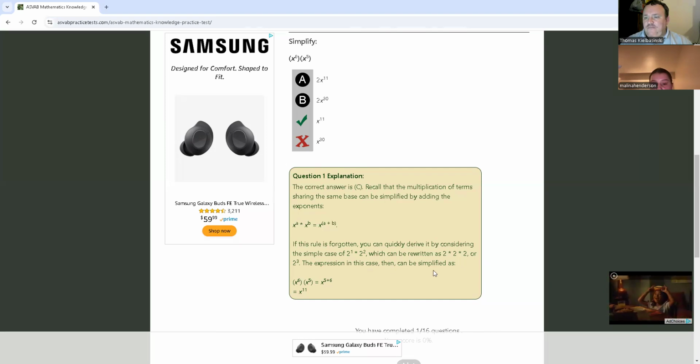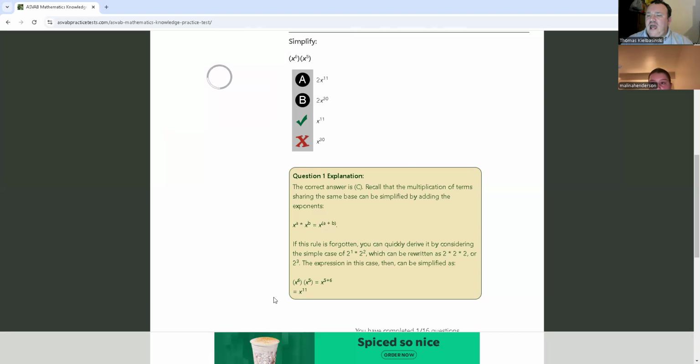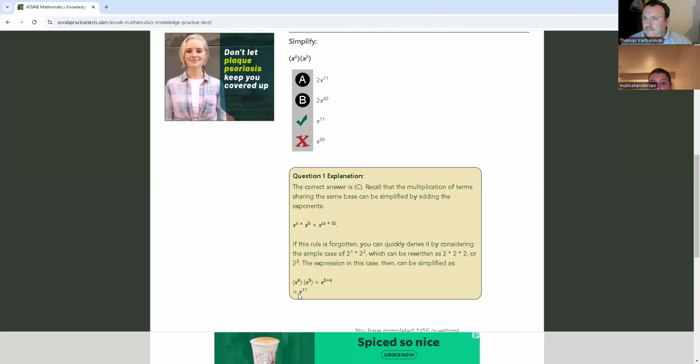The expression of this case can be simplified like this. Those are the same thing when they're writing it out. Two different x's: x to the 6 times x to the 5 equals x to the 5 plus 6. So that's how you do that. You don't ever multiply them.